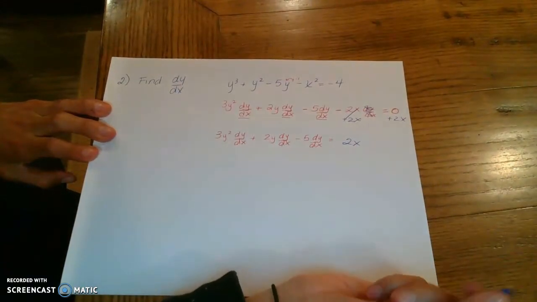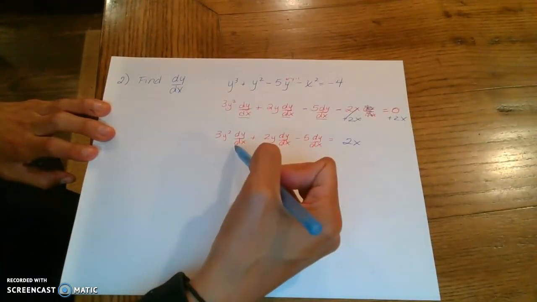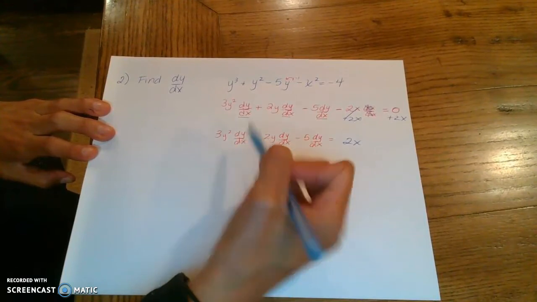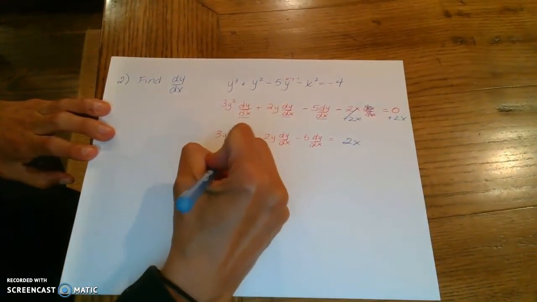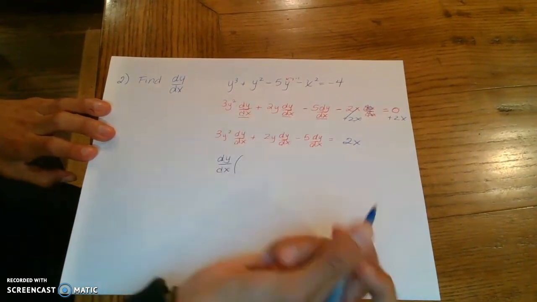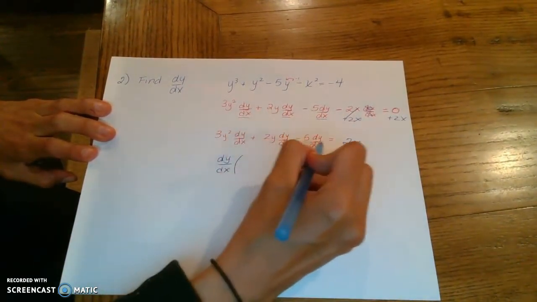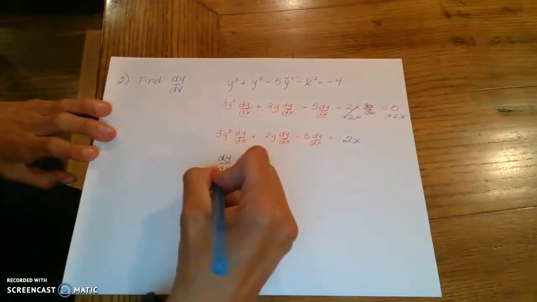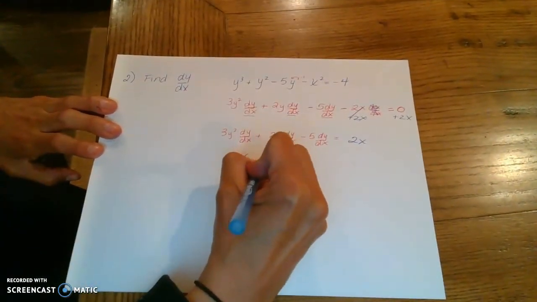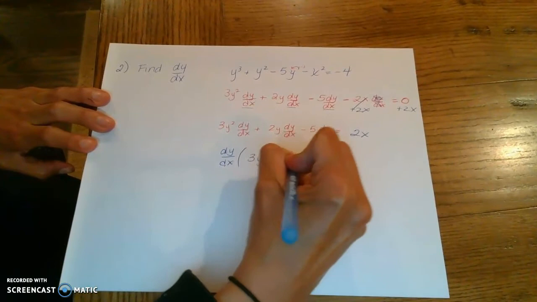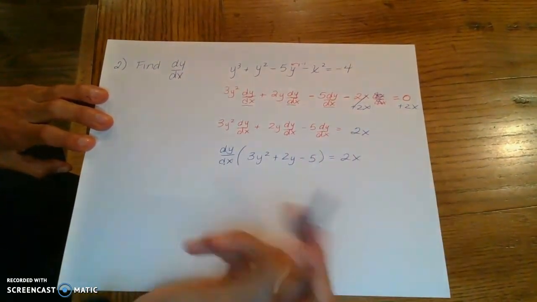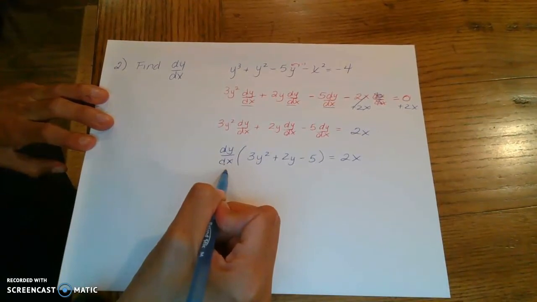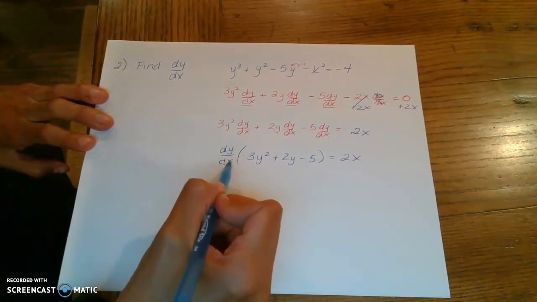So now I'm looking at this and I go, all right, I have all the terms that have dy/dx. I just want one dy/dx. Well, I can GCF the dy/dx out. And if I GCF the dy/dx out, I'm dividing it out. That comes in front. And I'm left with 3y squared plus 2y minus 5 equals 2x. So there's my dy/dx out here. I want to get dy/dx by itself.